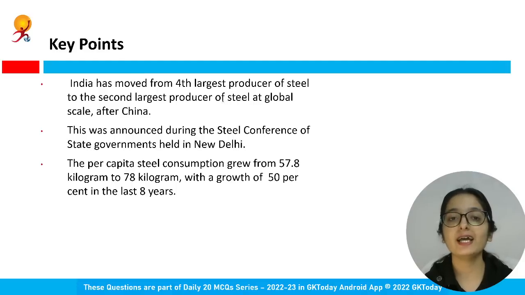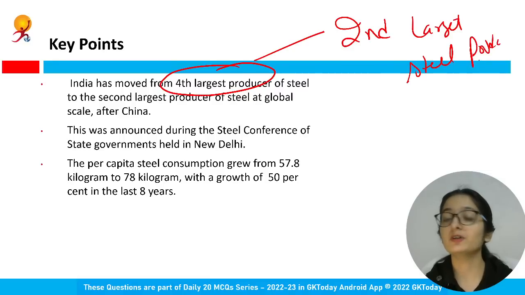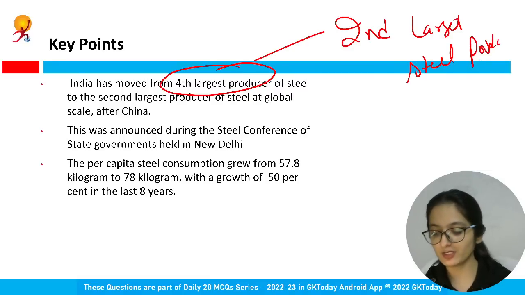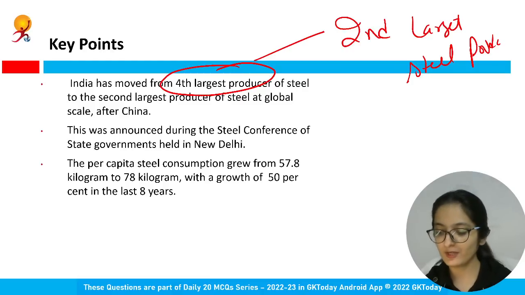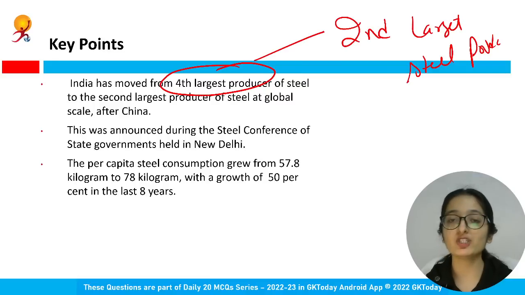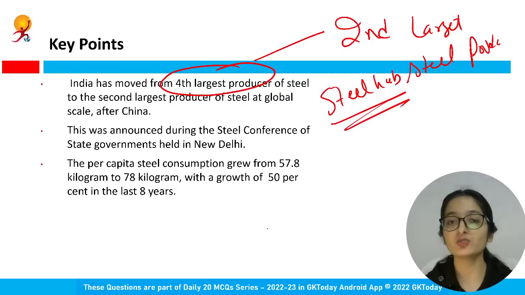Here India has moved from the 4th largest producer of steel to the second largest steel producer. The government has taken various initiatives in this regard and launched the Purvodaya program. What was its aim? Development of Eastern India through the establishment of an integrated steel hub. Why are we focusing on Eastern India here?